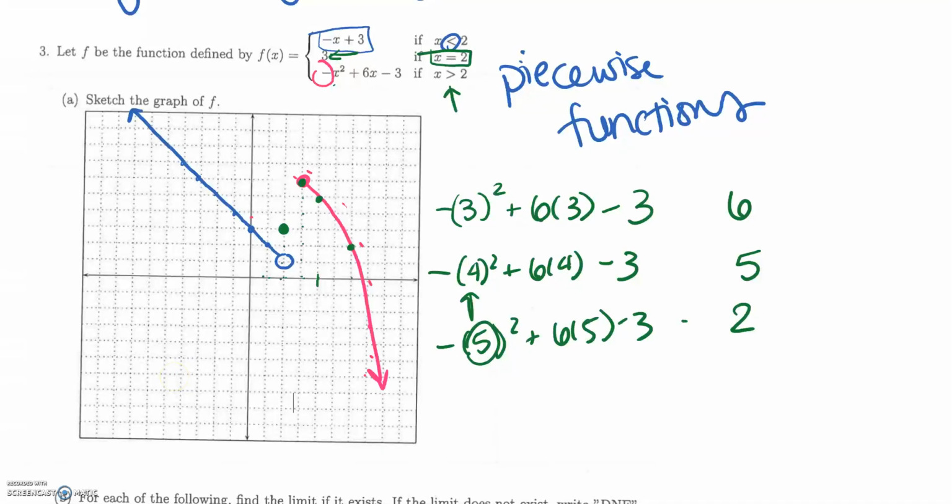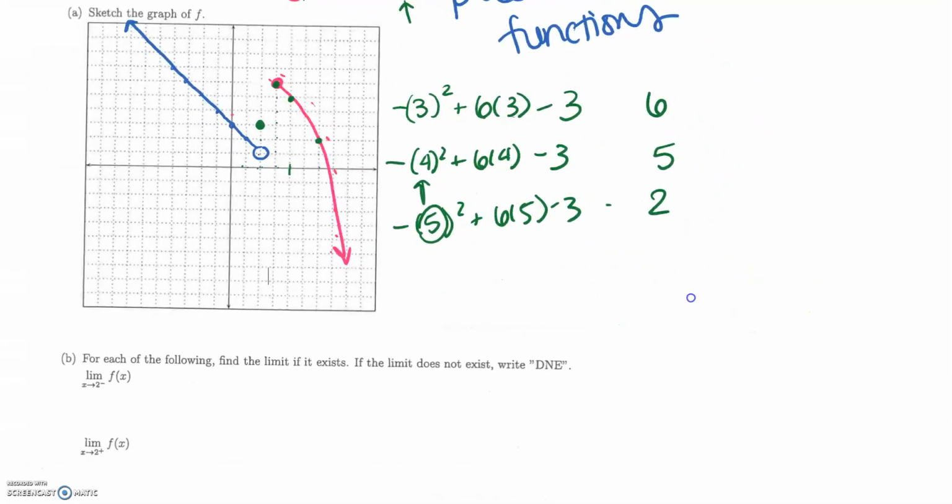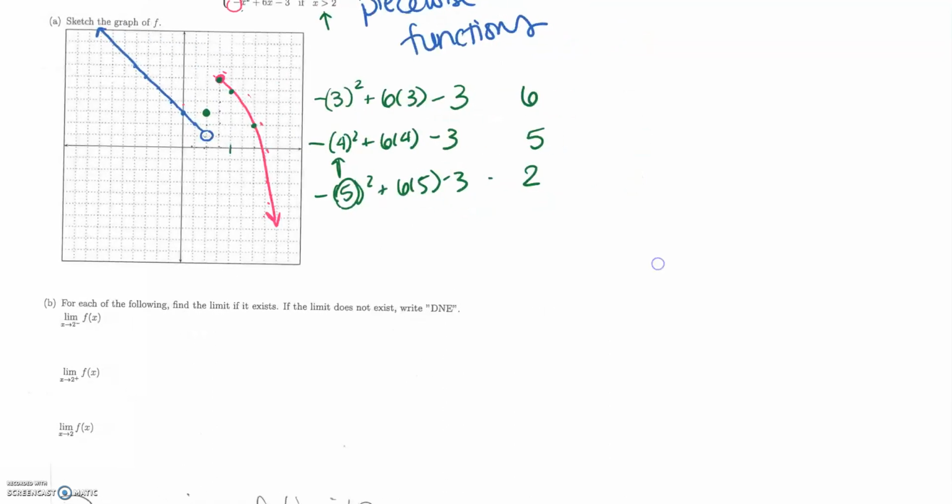Okay, now we can get the limits. So the limit as x approaches 2 from the left, it should be 1. As it approaches 2 from the right, we should have put 2 in before, so let's do that one real quick.